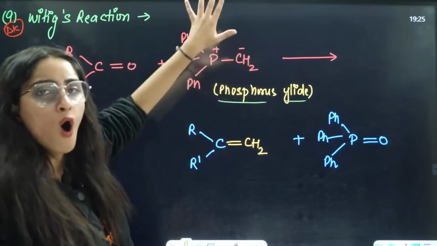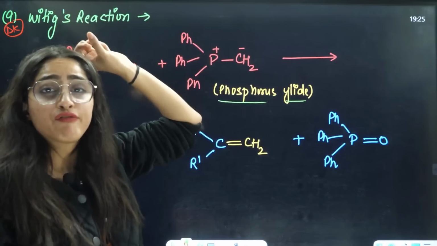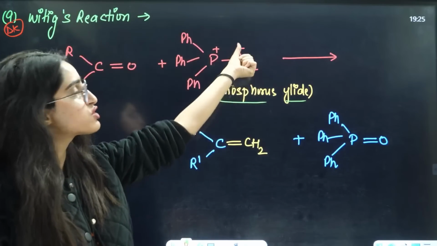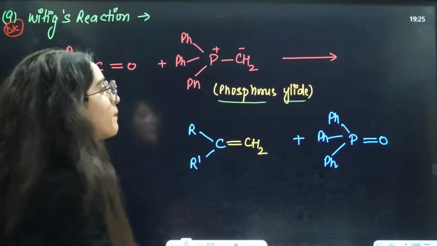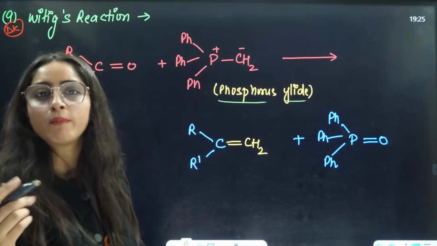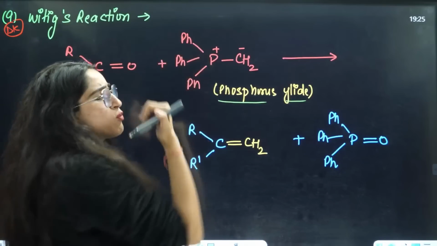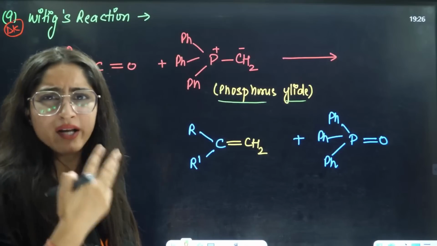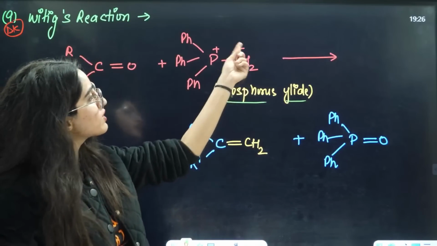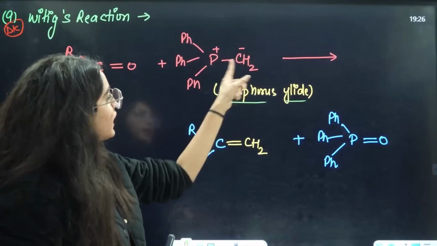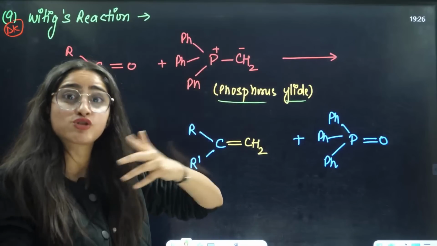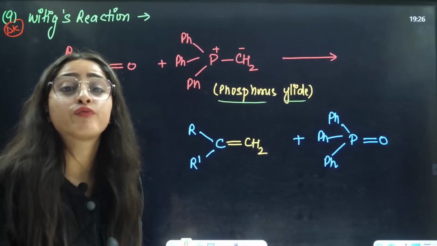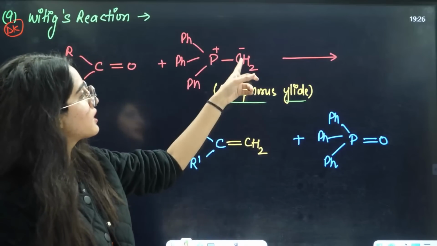On phosphorus you have 3 phenyl groups and you have CH2 negative here. Because phosphorus is not able to complete its 5 bonds, it is poor, so it is positive. CH2 is negative because it has completed 3 bonds and needs 2 more electrons to complete its octet. So that is why it is CH2 negative.